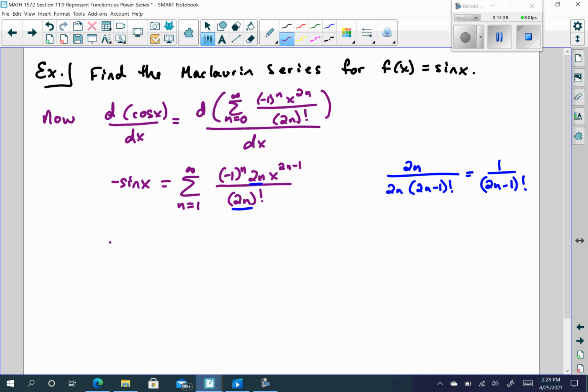So now I get negative sine x is equal to the summation as n goes from 1 to infinity of negative 1 to the nth power times x to the 2n minus 1 over 2n minus 1 factorial. Now we'll divide both sides by a negative 1, so this is going to switch some things for us.